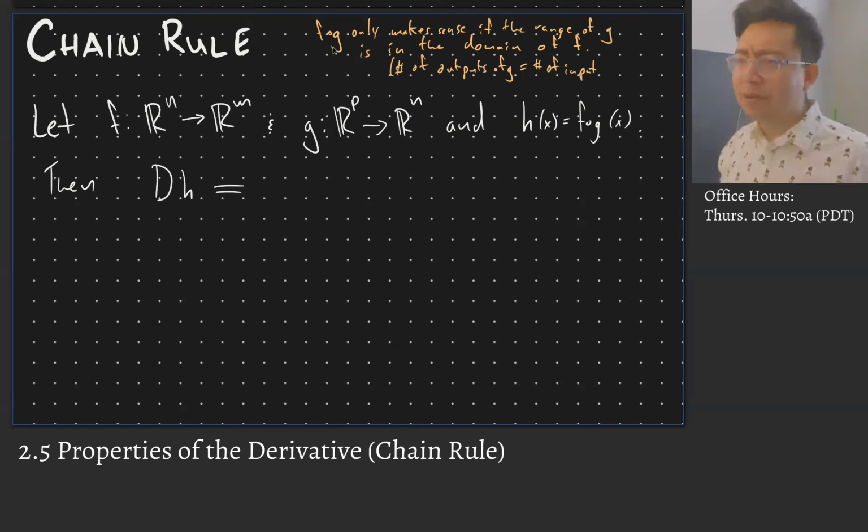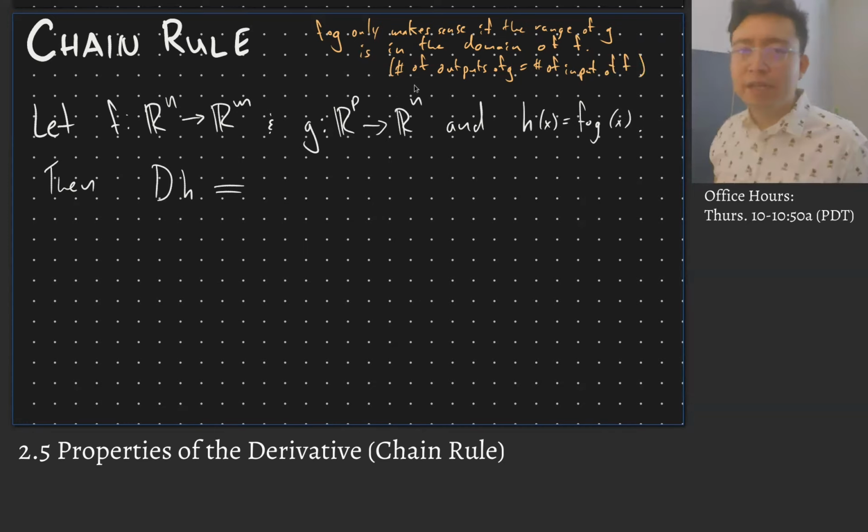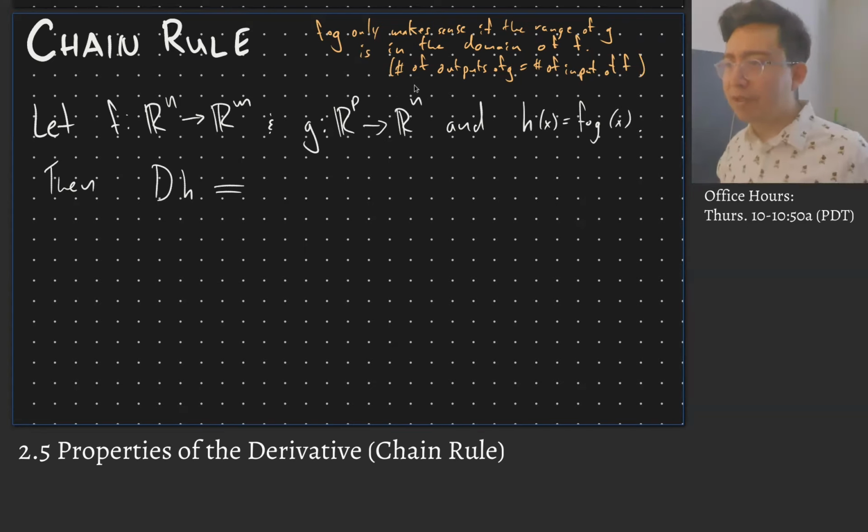For example, sometimes certain inputs cause F to divide by 0, then you should make sure that's not an output of G. You should be careful with some of those subtleties too. But mostly what we're looking for is that the number of outputs of G matches the number of inputs of F when we compose this way. If we compose the other way, G of F, then we'd want the outputs of F to match the inputs of G.